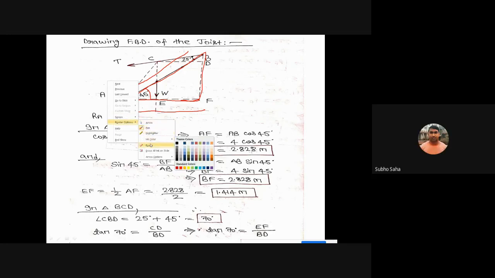No, sir. Okay. So if I have got the value of AF, I can also calculate the value of FB or BF. Again, in triangle ABF, sine 45 is perpendicular, that is FB or BF, divided by hypotenuse AB. So FB or BF will be equal to AB sine 45.